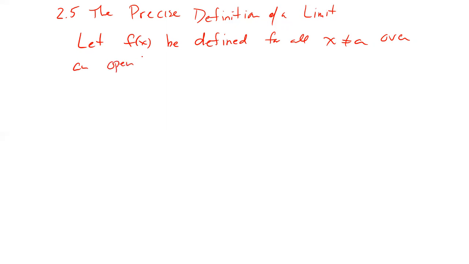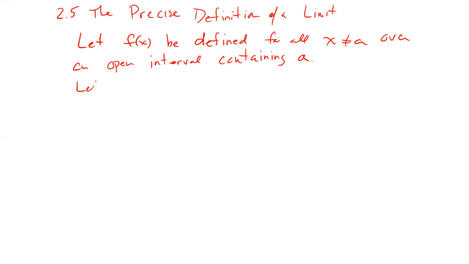This book uses a lot of English words as opposed to math conventions, so I have to write stuff out. So we have this little open interval, and a is in there somewhere. We good?